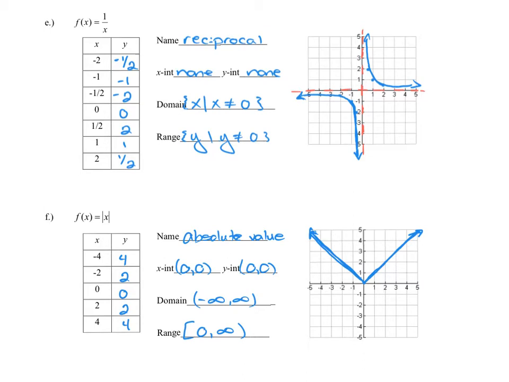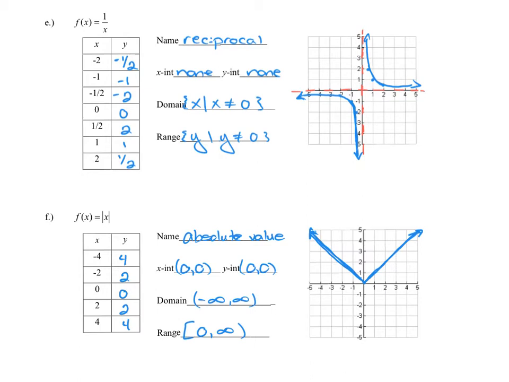Our domain is easiest written in set notation because it's all of my real numbers except for where this asymptote of 0 is. And notice that with my y, range is the y value, so I wrote it with a y in its set notation, and it also includes all real numbers except for where I have this asymptote at y equals 0.